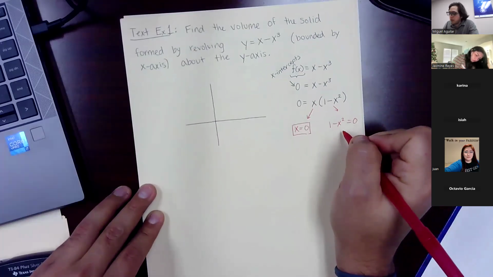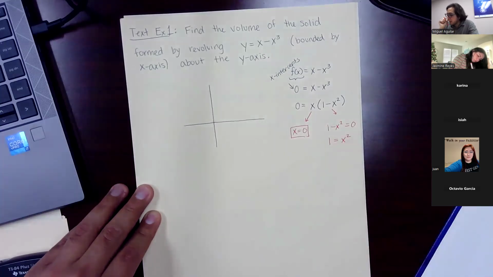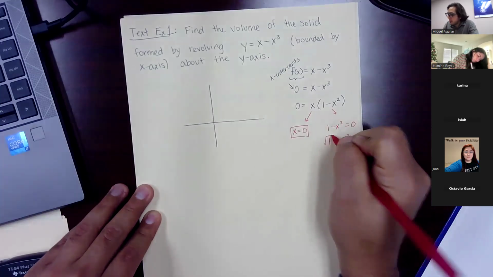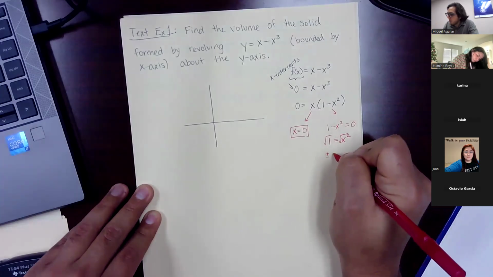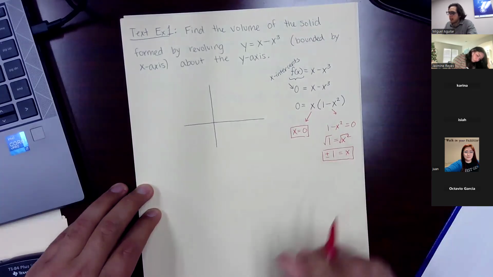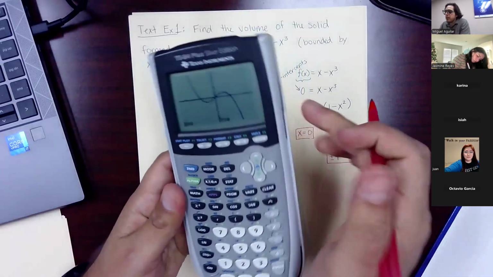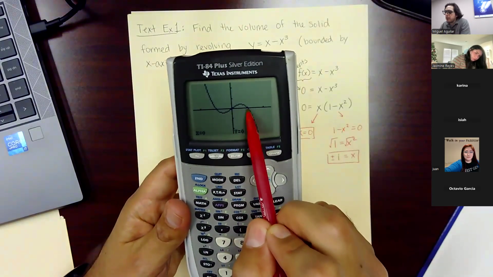We can move the x squared over to the other side, so 1 is equal to x squared, positive now. Then take the square root of both sides so that we get plus or minus 1 is equal to x. So there are 3 x-intercepts, and we can see that on the graph, right? The graph is intersecting at -1, at 0, and then at 1.